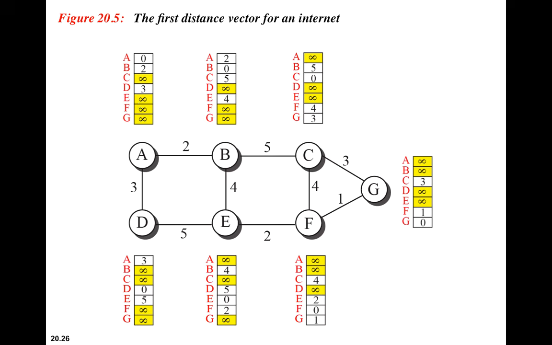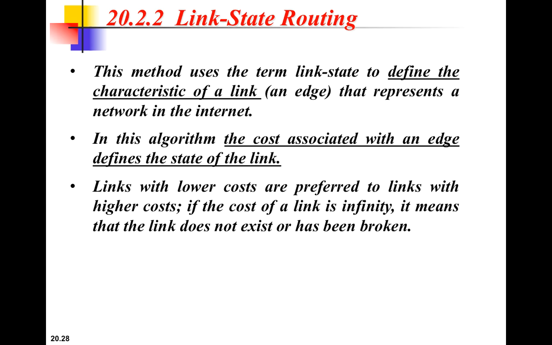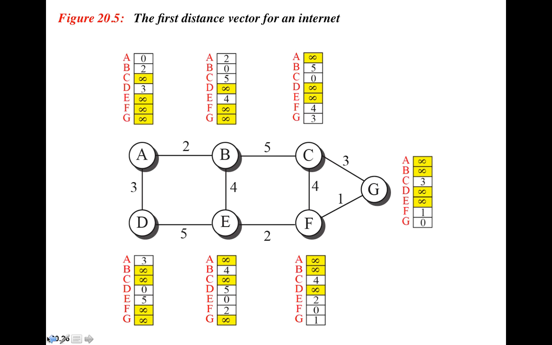When does this exchange take place? It takes place at two different times. One, when there is no change in the network, you could have it taking place every given specific time. For example, every 2 minutes, or every 3 minutes, every 5 minutes, every 30 seconds.